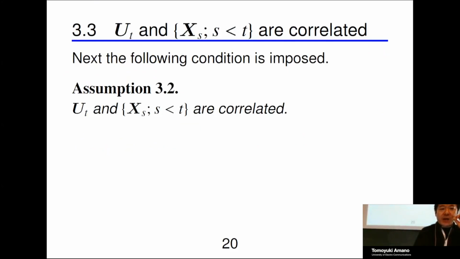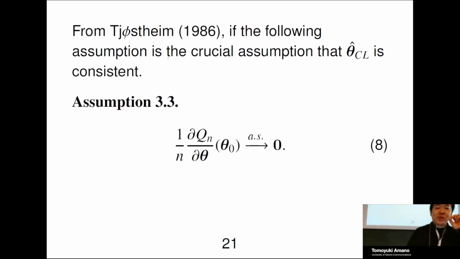Next, we evaluate CL under this condition. That is, ut and past values xt are correlated. From Jeong and Stem, CL is consistent if this assumption holds. That is, the partial derivative of the function over n converges to 0.